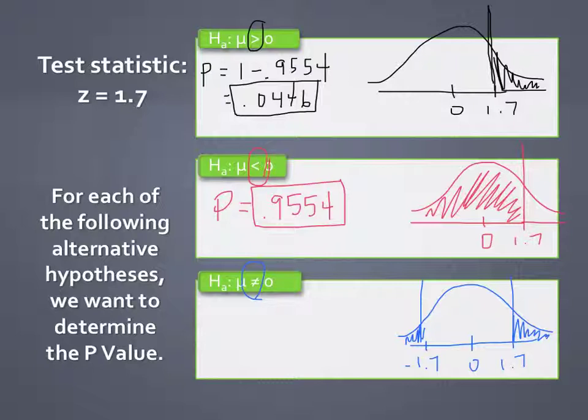We found what one of those tail areas was in our first example at the top of this page. So to find what both of them are combined, we just need to double that 0.0446 result. And so for this scenario, we'll get a p-value of 0.0892.